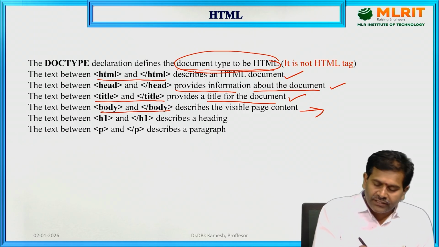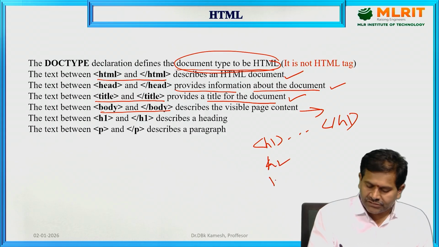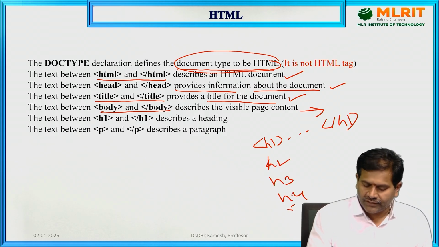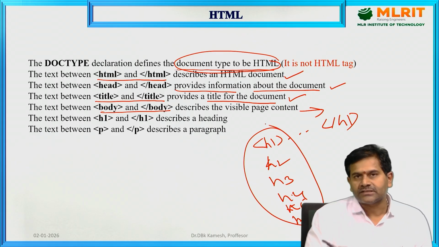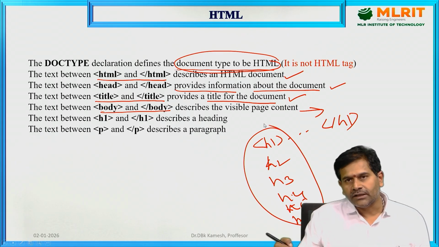Some standards are already given: h1 with its end tag, then h2, h3, h4, h5 and h6. There are 6 tags, and the font size decreases from h1 to h6.